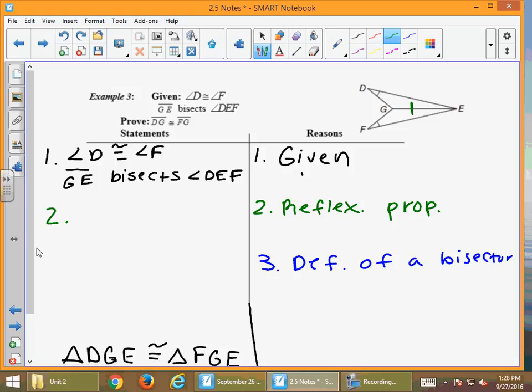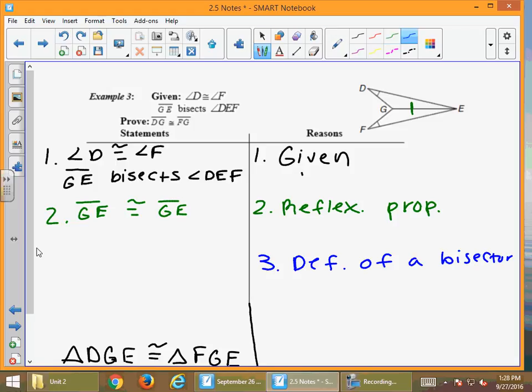So if we look here, whenever you have the reflexive property, all you're doing is stating that the side they're sharing is congruent to itself. So for step 2, we just say that GE is congruent to GE. If you remember that, that gives you your 8th point. Whenever you have reflexive property, it's just that shared side congruent to itself.